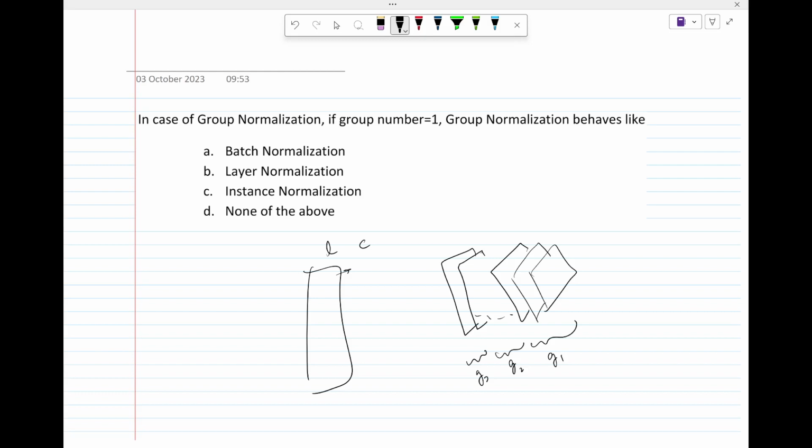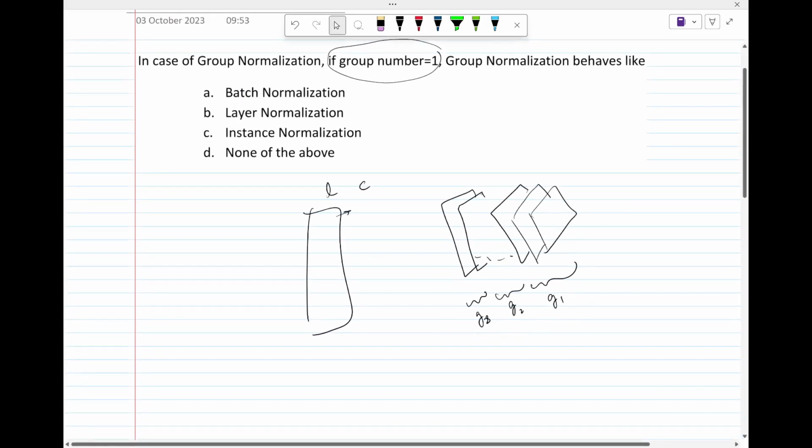So if group number is equal to 1 means there is only, now here there are three groups that I have mentioned, if group number is equal to 1 means there is only one group, right?